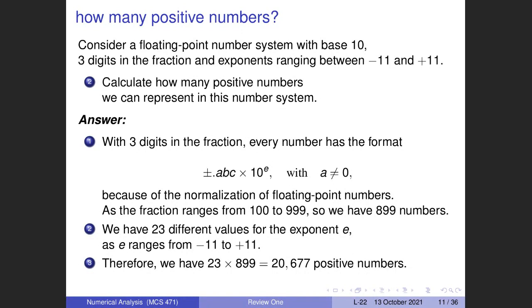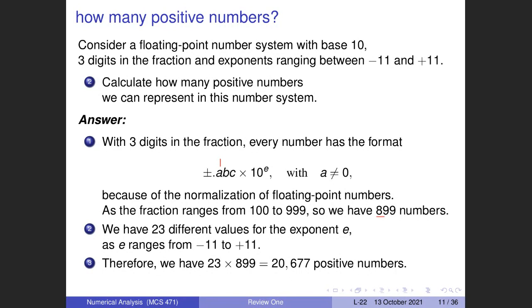All right, so how do we solve this problem? Well, we have 3 digits, but the normalization means that the first one after the dot always needs to be non-zero. In the bits it always has to be 1, but that means that for A we have 8 choices. This is where we get to the 8 here.